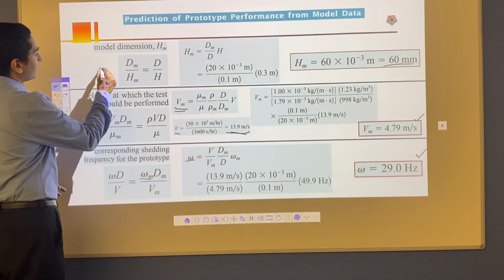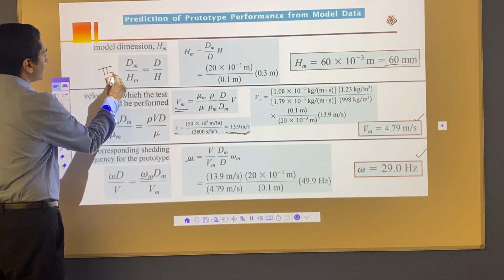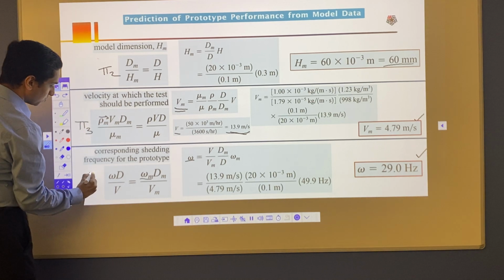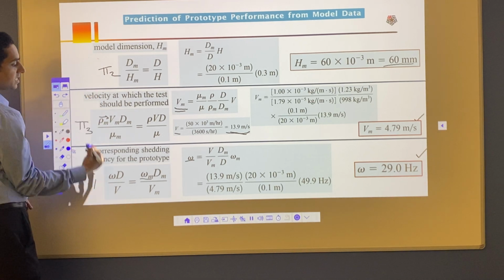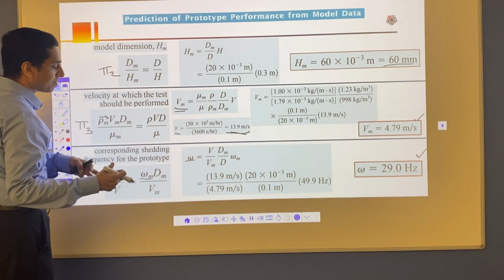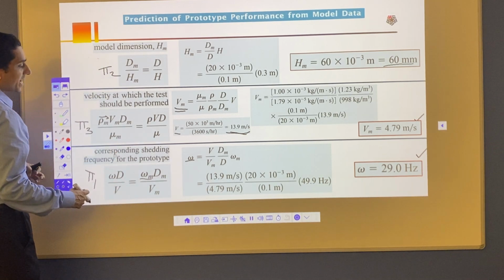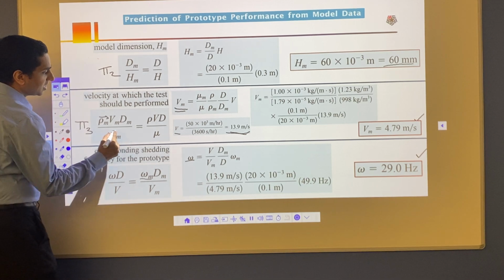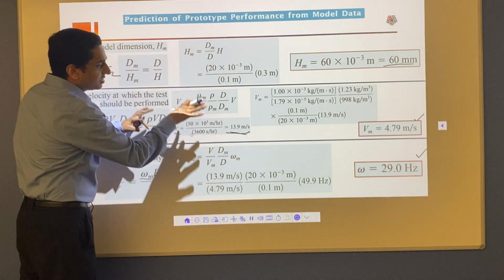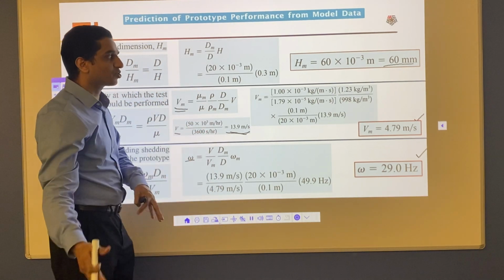The importance is that we have these pi terms. I think this one is pi 2, this one is pi 3, and this one is pi 1. These are the pi terms that you get based on your Buckingham pi analysis, and these pi terms are the same for the model and the same for the prototype, and you can use this relationship to predict how your prototype will behave.